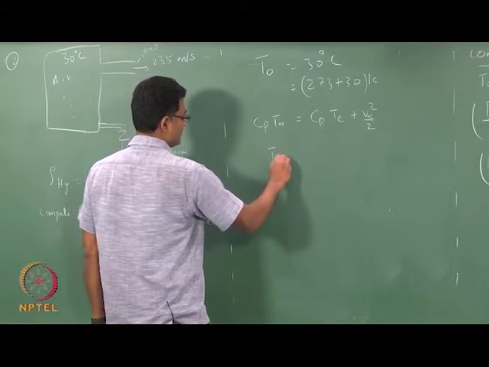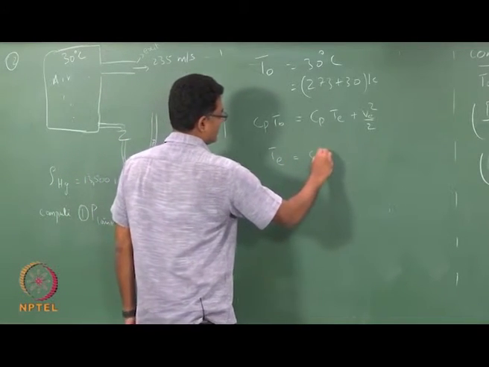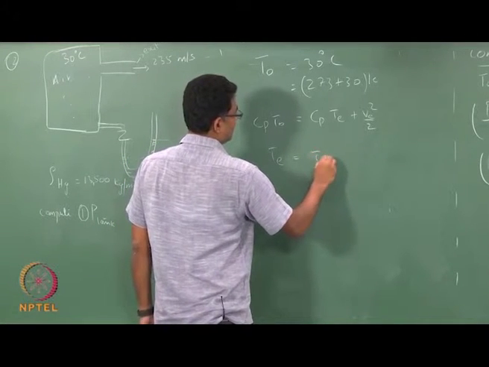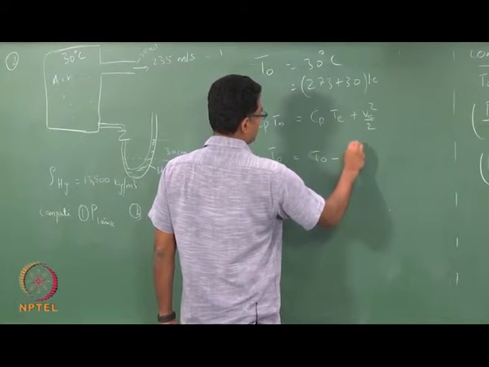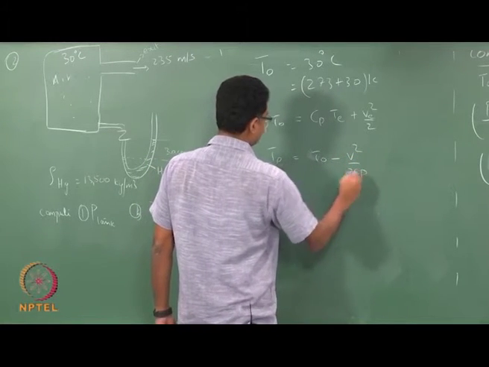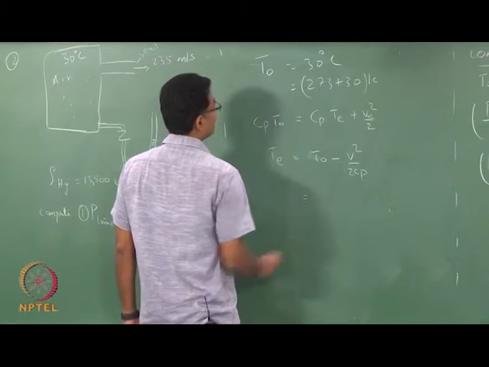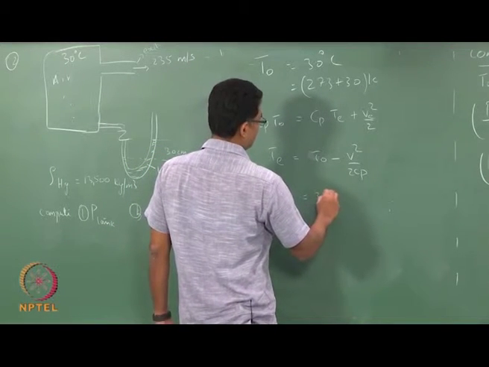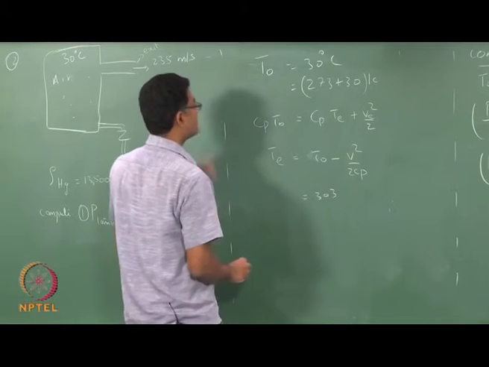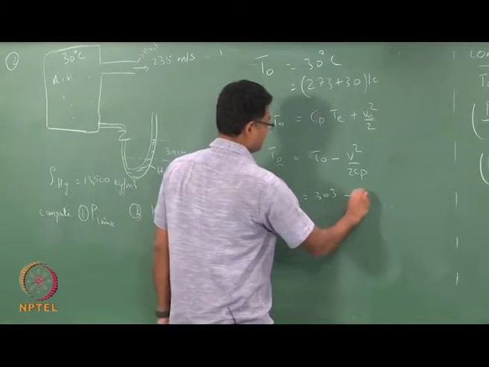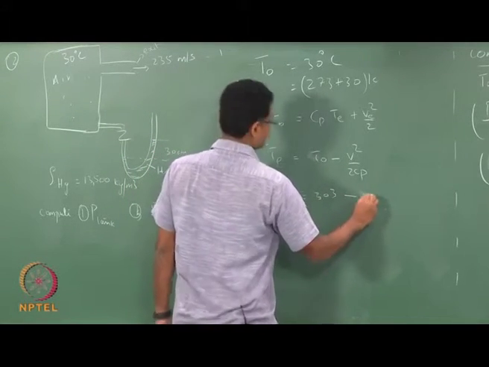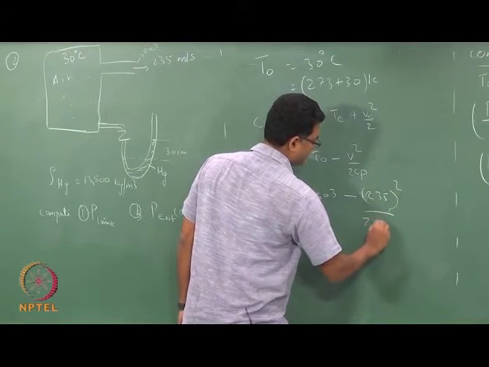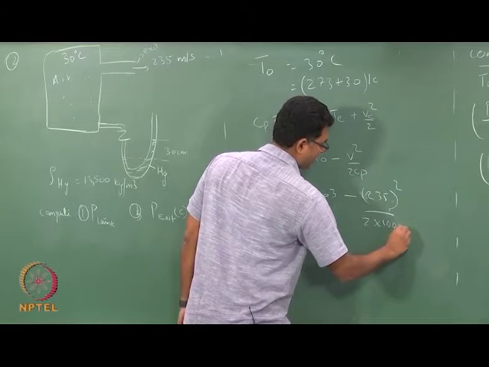So, you can find your T exit to be T0 minus V square by 2 Cp, which is 303 minus 235 the whole square by 2 into 10^5.